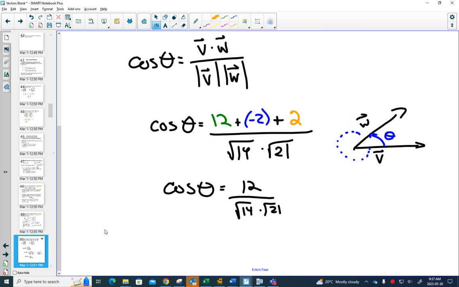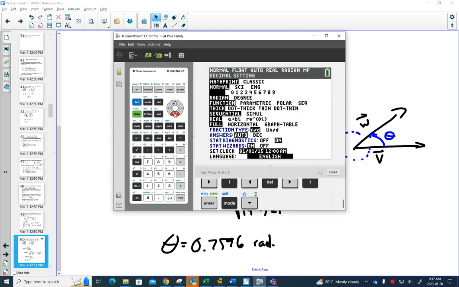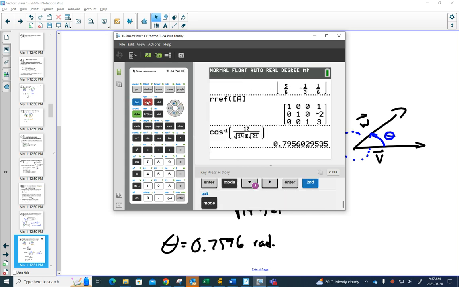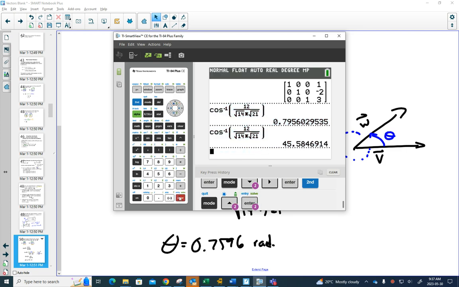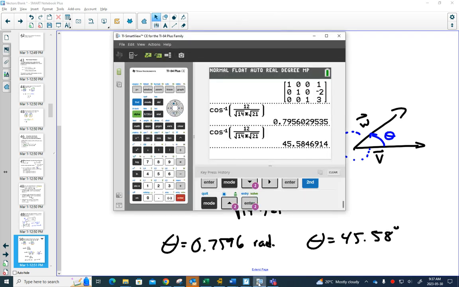That's if I'm in radians. For the most part, we actually will solve these questions in degrees, so you can change your calculator into degrees. If I type this in again in degrees, it would tell me that theta is 45.58 degrees.